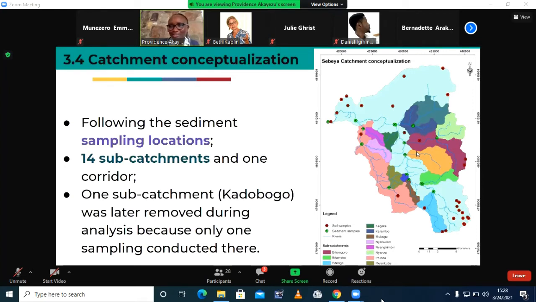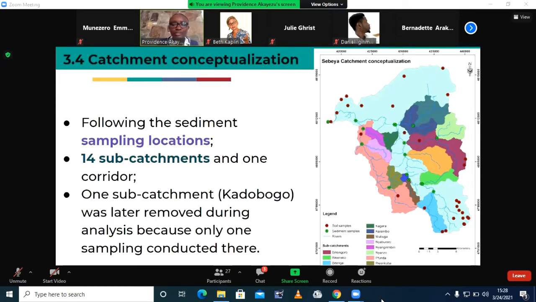The GPS point was very important, because it is based on where we collected the water. As you see on the legend, the red are the soil samples and the green are the sediment samples. So you can connect the green with the small different streams and where they connect with others. As you know, the main river has other rivers entering into it, and these other rivers have other small streams entering into them.